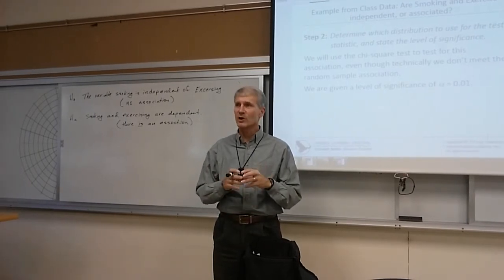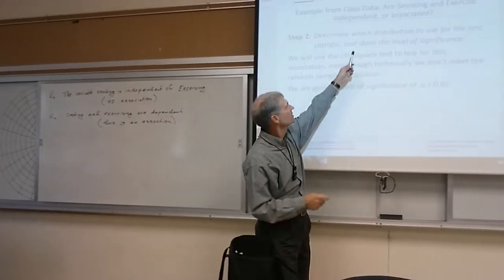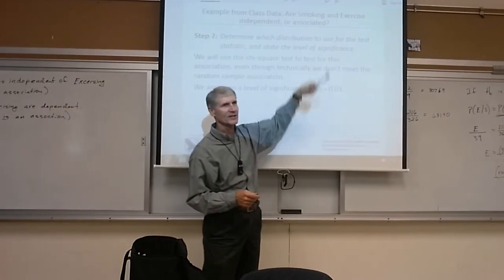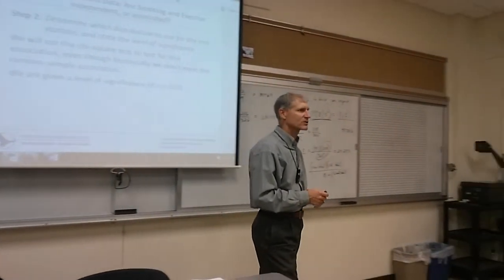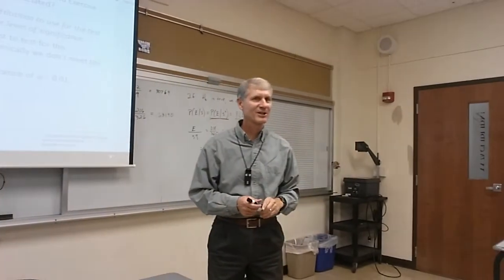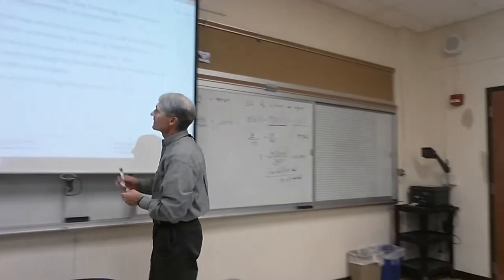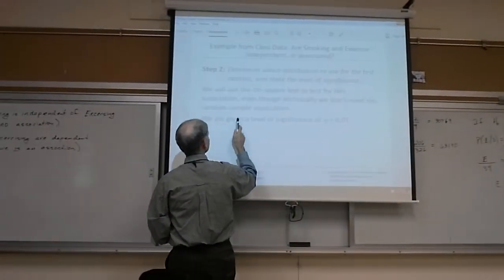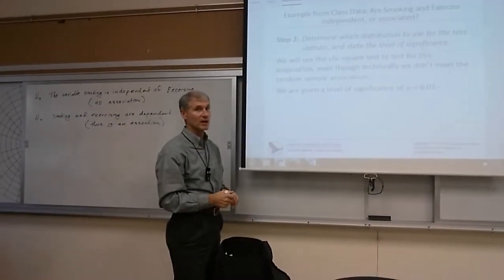I don't really care that you know anything about the chi-square distribution, but remember, I always substitute what for distribution? What did I say we do for that step? Decide which function on your calculator you're going to use. You're going to use the chi-square test. Okay, and it is on the calculator. Then you're also supposed to state the level of significance, and they said to use alpha equal 0.01.